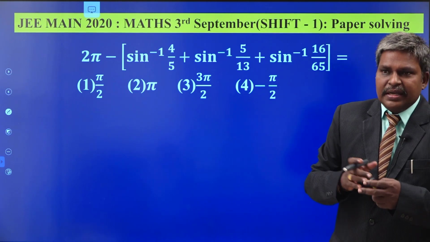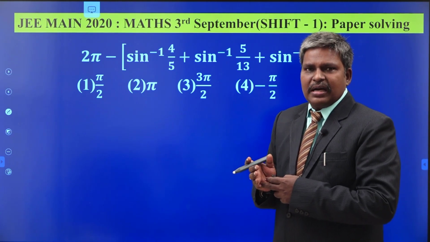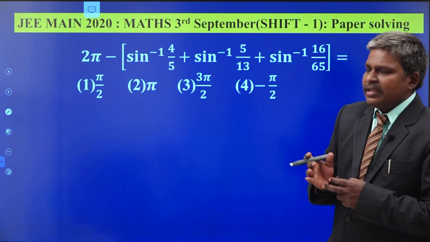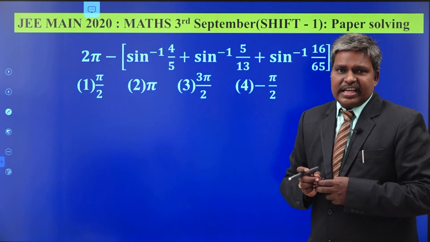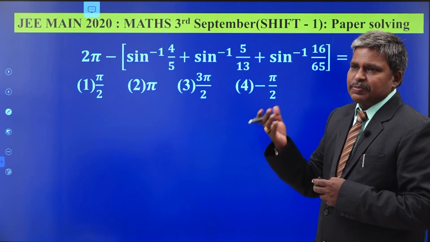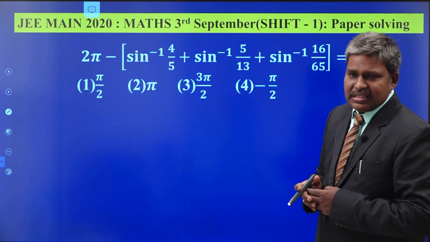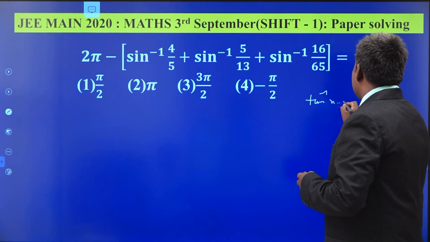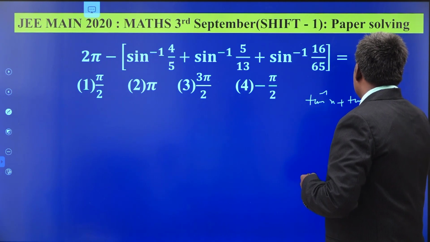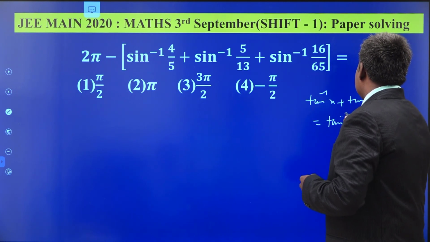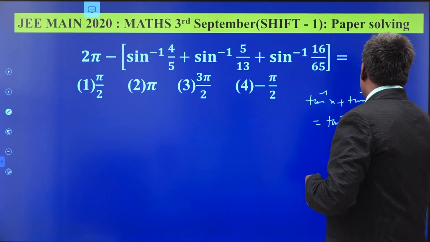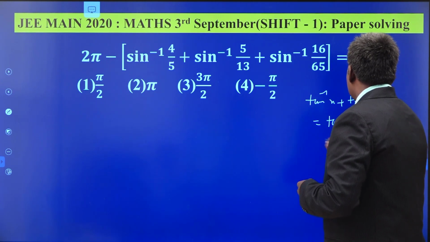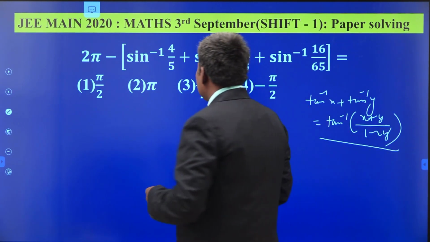Among these, the very easy formula to club them is tan inverse x plus tan inverse y equal to tan inverse of x plus y by 1 minus xy. So tan inverse x plus tan inverse y is very easy for you. Am I correct or not? It is easy to apply.